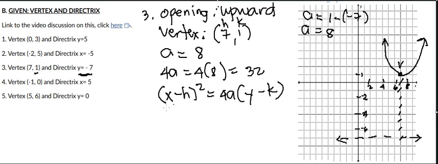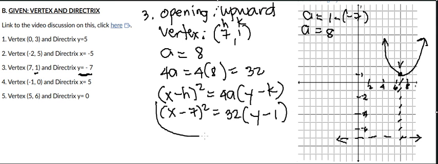Plugging in, we have x minus h is 7, squared, equal to 4a is 32 times y minus our k is a 1. There you go. We've got that as our standard equation of the parabola.